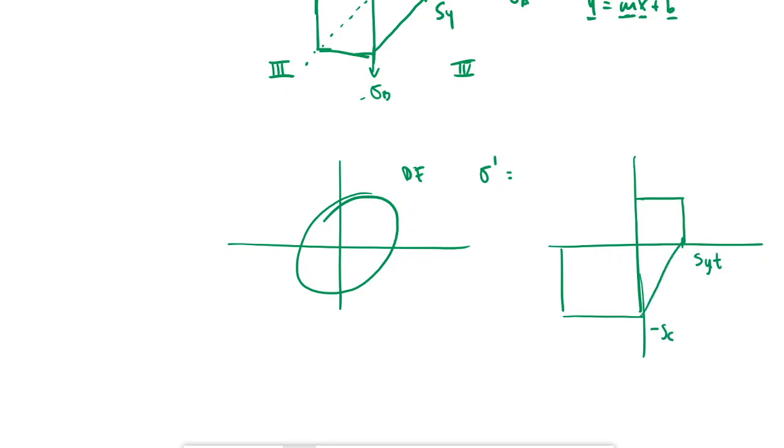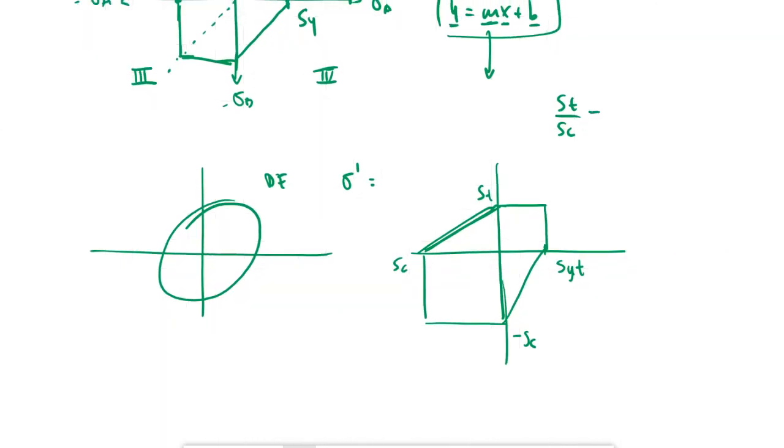Okay, it's just going to look like this. And of course this line, this y = mx + b, will change because m is no longer 1. M would be tension and compression, so St over Sc as my slope. Okay, and then my y-intercept, which is the b of that equation, would be St, right? And then you solve for that, and you can find the equation for this line.